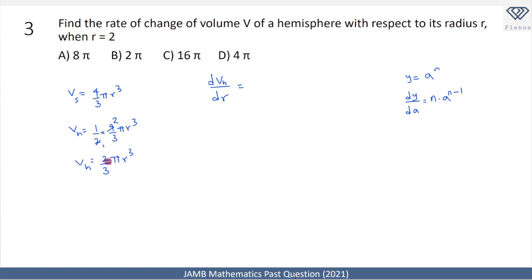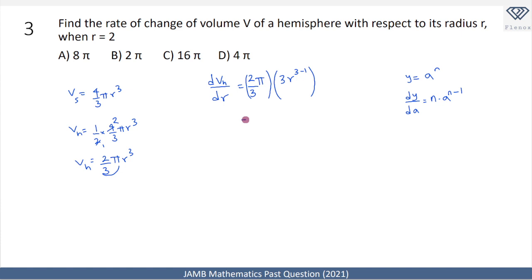Now remember, this term here, 2/3 pi, is a constant, so we only need to be bothered with this term here, r cubed. So applying the same concept, let's write the constant out first, then we take into consideration the other term. As I said, to differentiate r cubed, we bring down the power, which is 3, then we take the r and subtract 1 from the power of r, which is 3 minus 1.